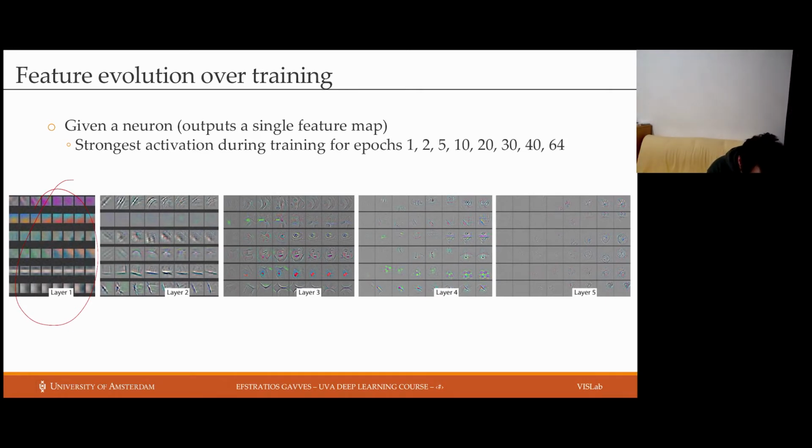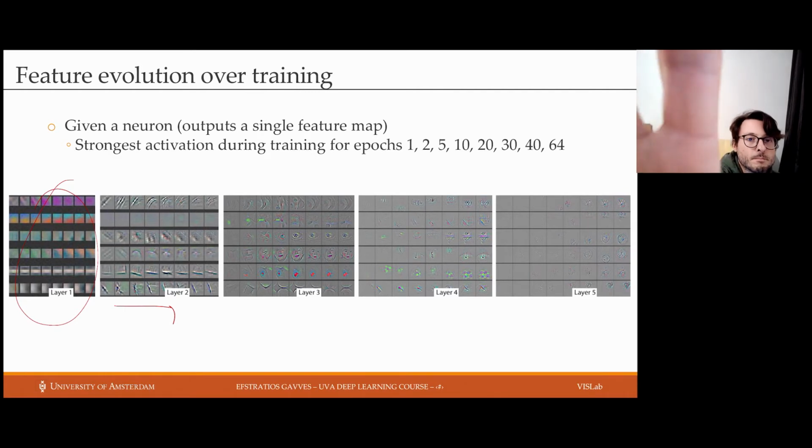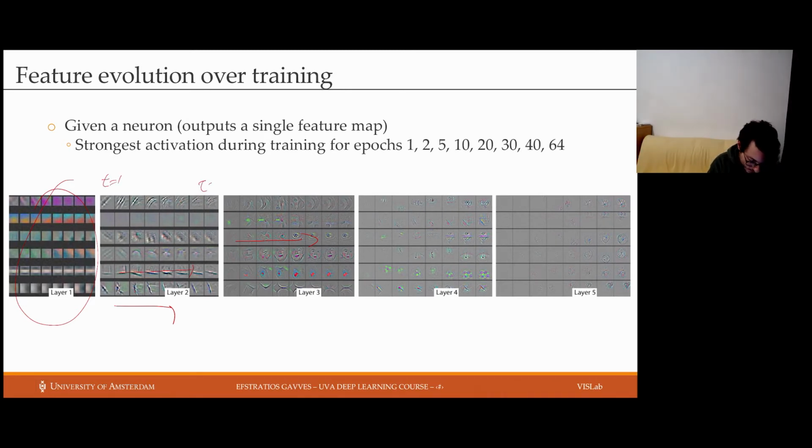However, the more we move on during training, the more specific the features become. So this is like time 1 and time 64.